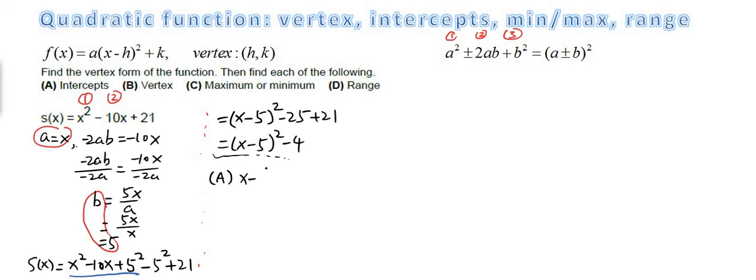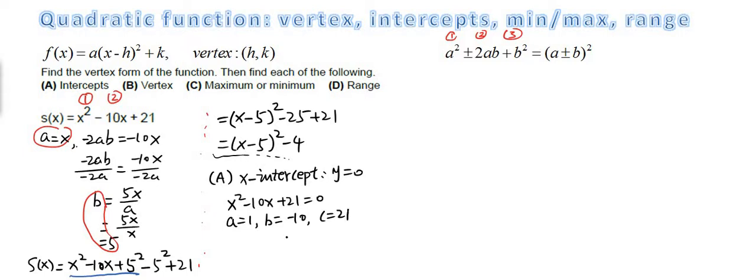Now let's take a look at the first problem, problem A, how to find the intercepts. First, we try to find the x-intercept. The x-intercept should be y equals 0, so we just let this equal 0, and we can use the quadratic formula to solve it. a equals 1, b equals negative 10, c equals 21.